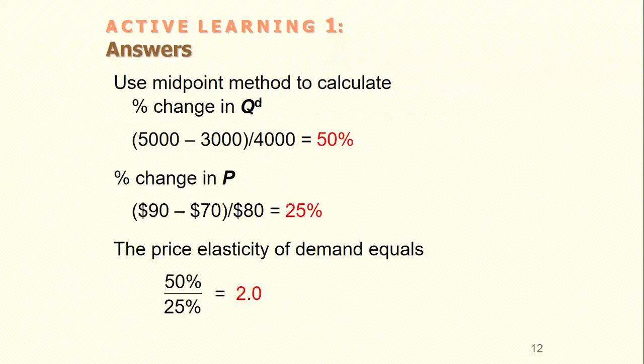Now coming to the solution of this active learning question, we are going to apply our midpoint method here to calculate the percentage change in quantity demanded, that is 5,000 minus 3,000 divided by the midpoint, which is 4,000. And how do we calculate the midpoint?